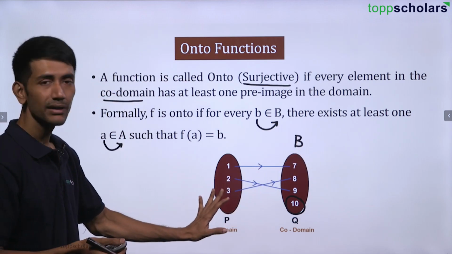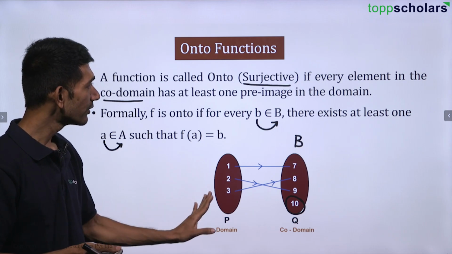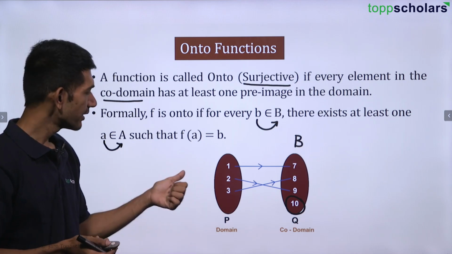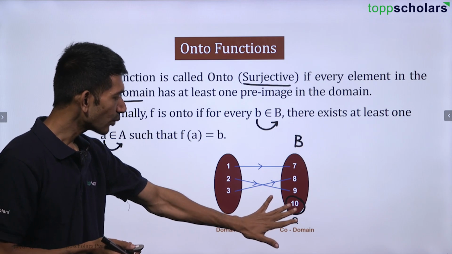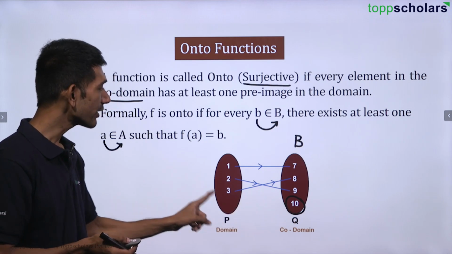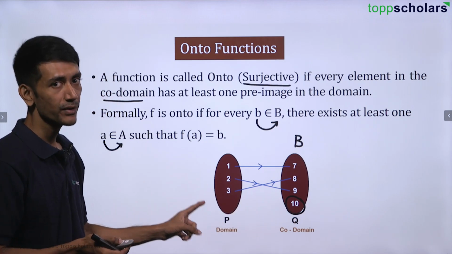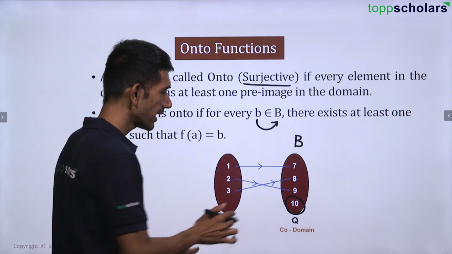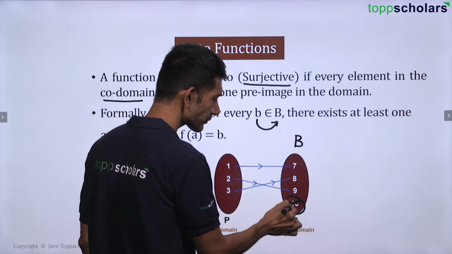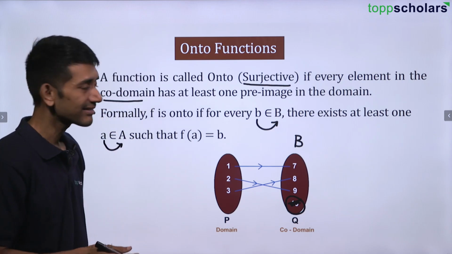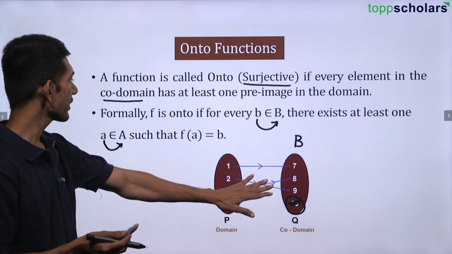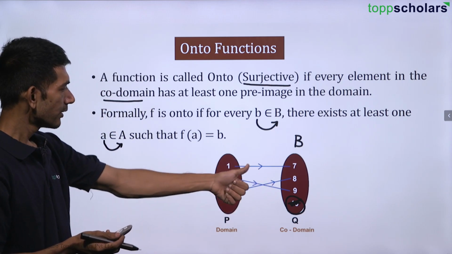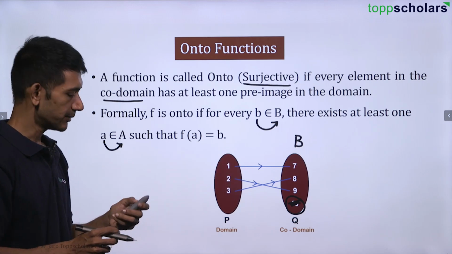So such an example is non-surjective, that is, there is one extra element here which does not have a pre-image. If I don't have 10 here, then this can be an example of a surjective, that is the onto function. I hope this is clear.